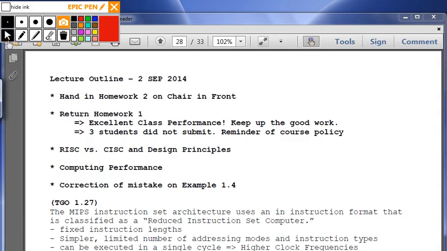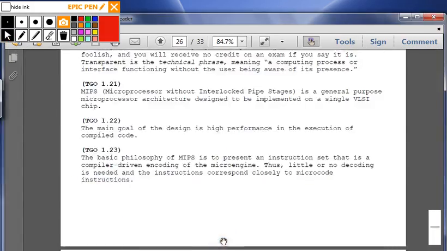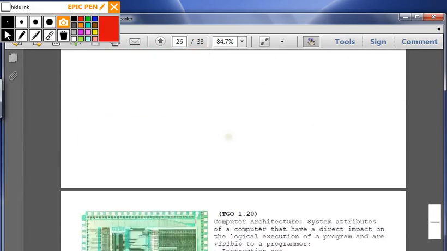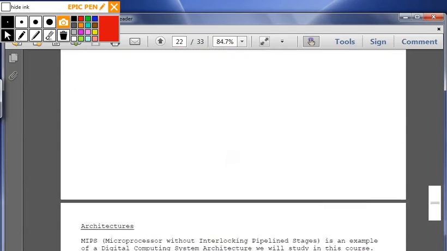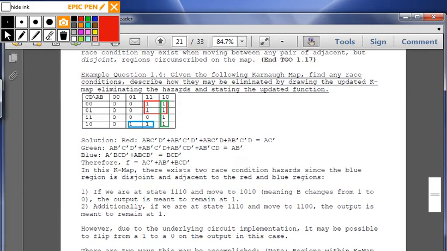I made a mistake on example 1.4 that I need to correct. Example 1.4 was the question about finding race conditions and correcting them.